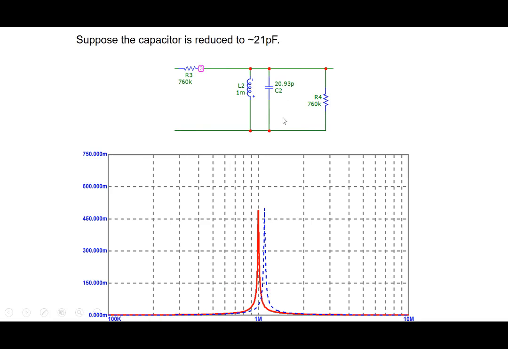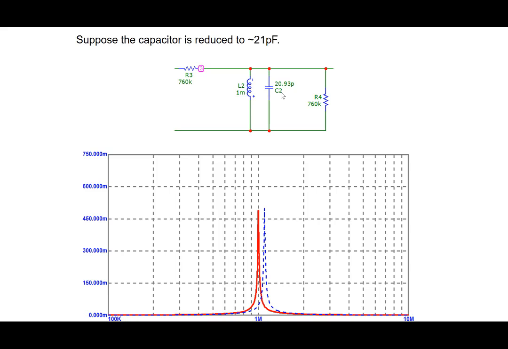Now we said, suppose the capacitor is reduced to 21 pF, what happens here? We can see here, the first one is with the original value of the capacitance, and the next case is where the capacitance is reduced to around 20.93 picofarad. One can see the effect of change in capacitance is to change the frequency at which the circuit is most sensitive, from 1 megahertz to a little bit higher than 1 megahertz if you reduce C2.